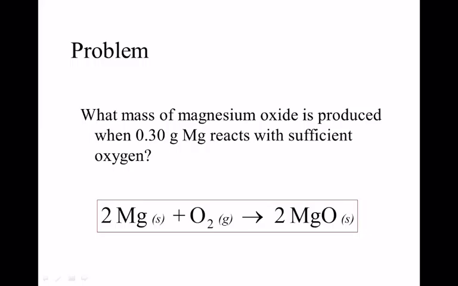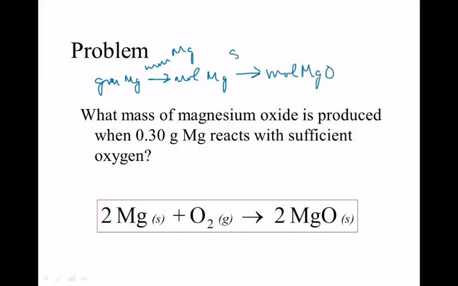Then we're going to go from moles of magnesium to moles of magnesium oxide using the stoichiometric ratio. And then we're going to go from moles of magnesium oxide to grams of magnesium oxide using magnesium oxide's molar mass.